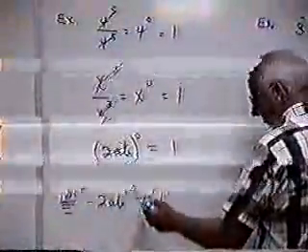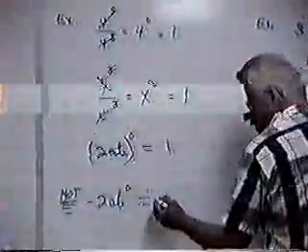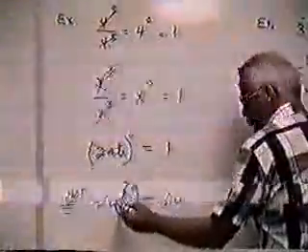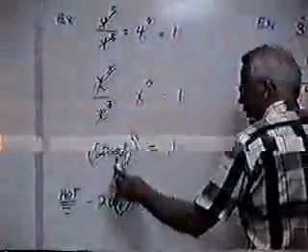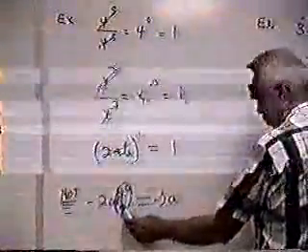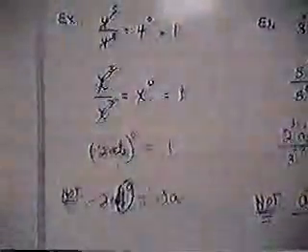So the correct answer to this really is minus 2a. The b to the 0 becomes a 1. So don't foul up problems on exams and homework on this stuff. If all of this is raised to the 0 power, then all of it's 1. But if only a portion of it's to the 0 power, then just that portion is equal to 1. All right, so anything raised to 0 power is equal to 1, provided that base is not 0.